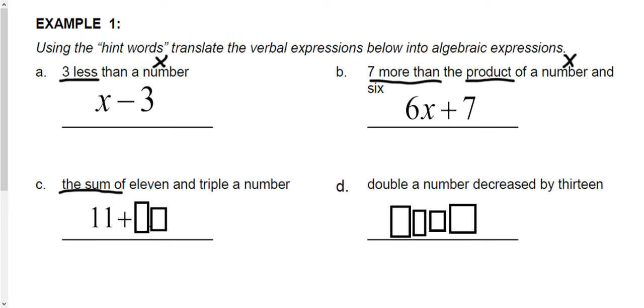So I know the number is x, since I don't know what it is, I'm going to give it the variable x. Triple means 3 times that. So 3 times x, which is 3x. So it's just dissecting it, looking for these key phrases and terms to help us write these variable expressions.